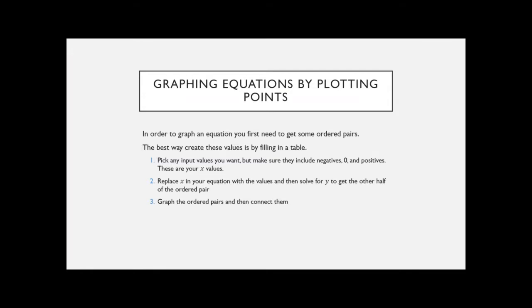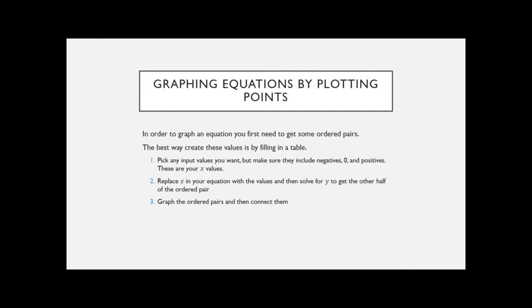The steps are, you pick any input or any x value you want, but as a general rule, you want to plug in some negative numbers, plug in 0 if it's not excluded, and then plug in some positive numbers. We choose those so that we have a full picture on our graph, with some negative input, some 0, and some positive input, so it covers the whole graph.